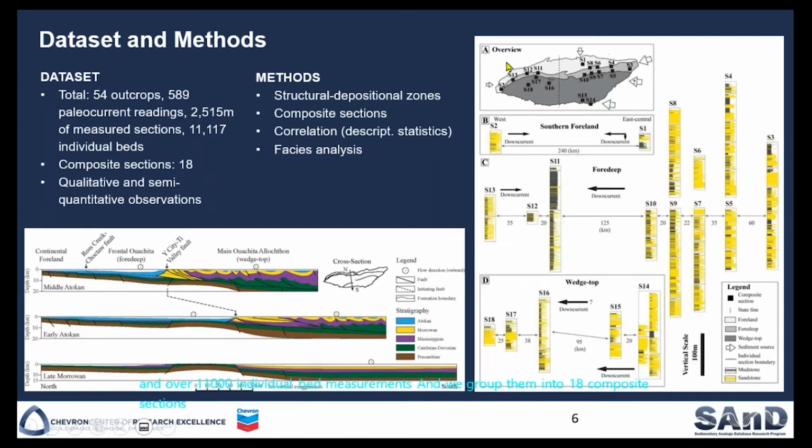Shown on the map here, by comparing the composite sections with qualitative and semi-quantitative field observations from my field work and previous field guides and geologic reports, we think that each composite section is representative of the lower Atoka for each area.